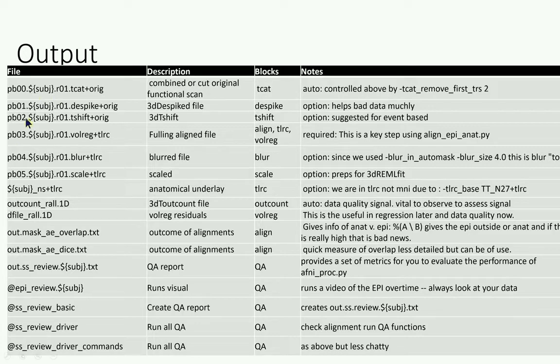Here you can see the kind of file that you'll get out and the block that was used to create that file. Here we have processing block 00. That is an automatic block, the TCAT block. Its job is to concatenate your file, but also to take off the first two TRs by default.